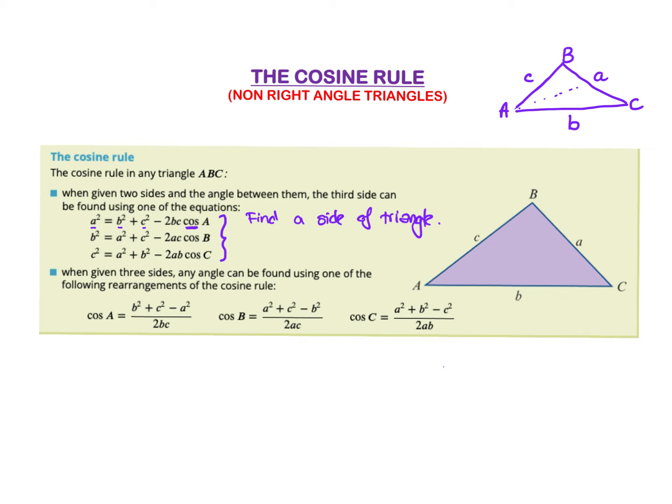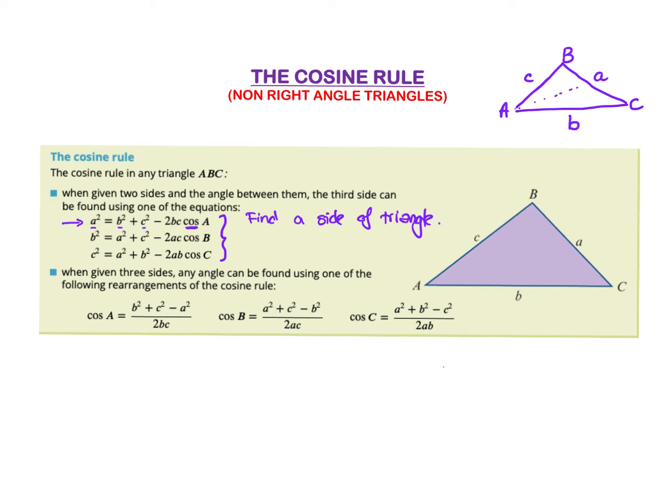If you had to find side A, you'd use this first one. If you have to find side B, and so on. So there's the three combinations that can be used if you want to find the side length.